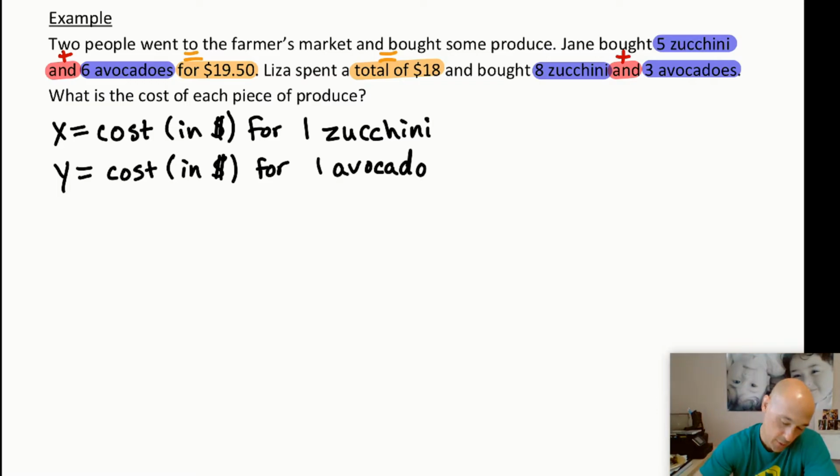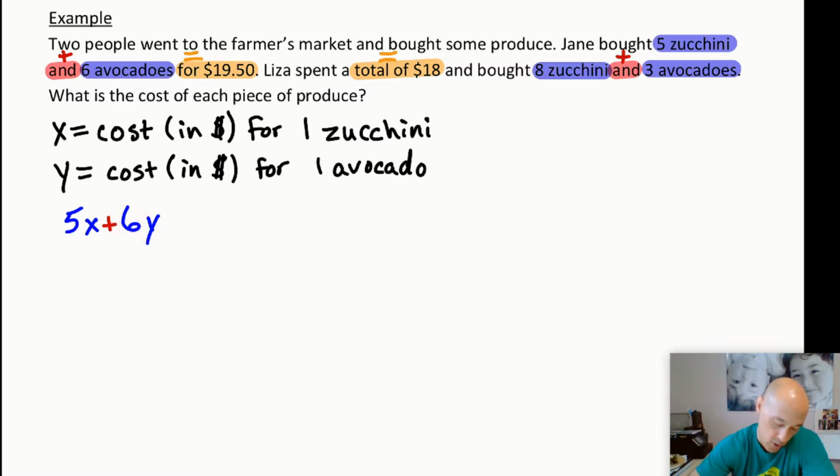Jane bought 5 zucchini. So 5, that's then 5 zucchini, times the cost for each zucchini. That's how much Jane spent on zucchini. Plus 6 avocados. 6 times Y. So she bought 6 avocados.